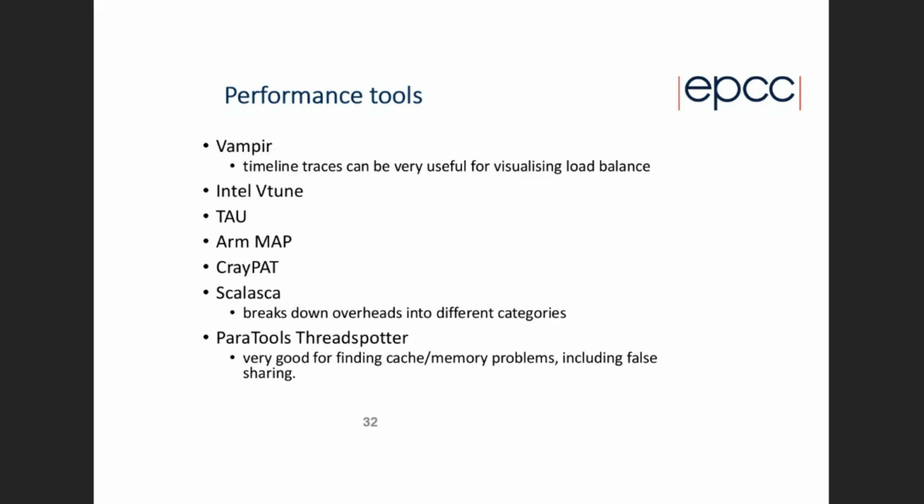Essentially it's running your trace through a cache simulator. So it has much better capabilities for diagnosing communication problems and things like false sharing, which your standard tracing or sample-based profiling tools really struggle with.